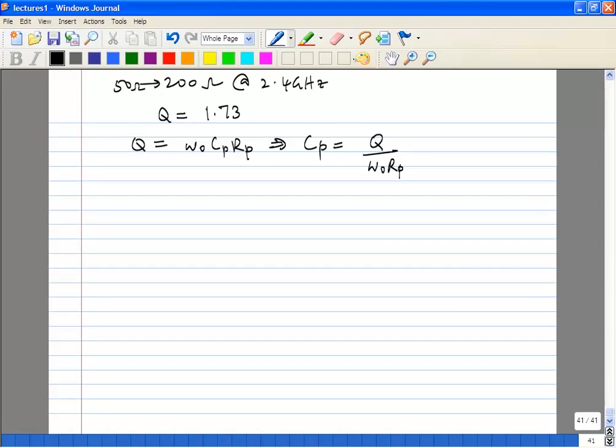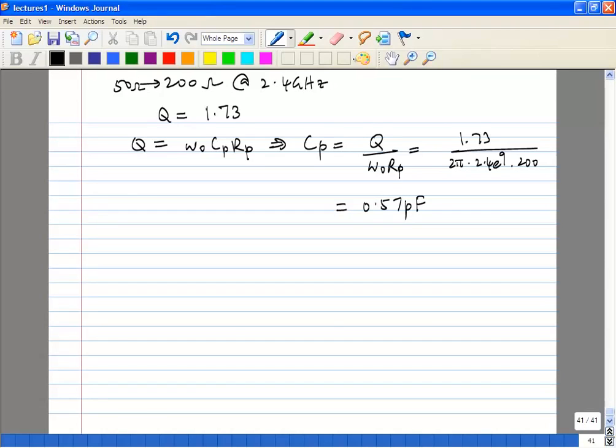So you know omega naught, you know RP, you know Q. So you can calculate this. Okay. So it's 1.73 over 212 times 200. Right. So this works out to 0.57 picofarads.